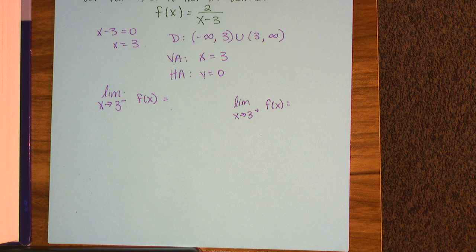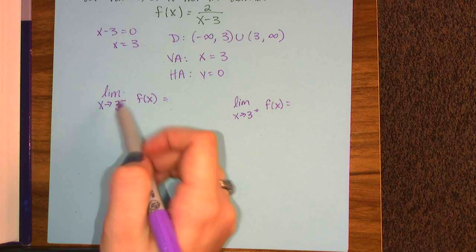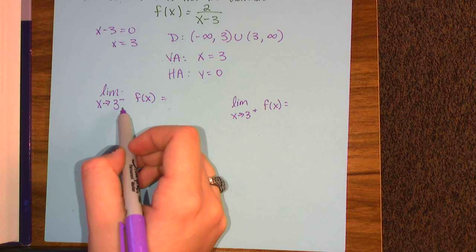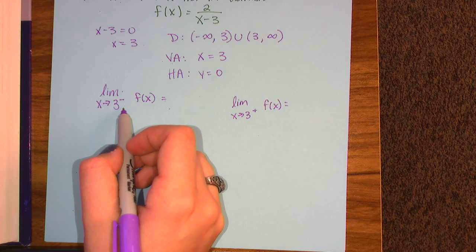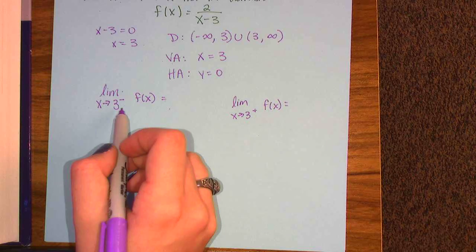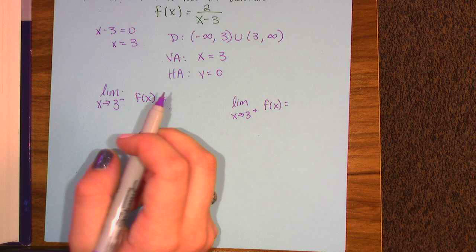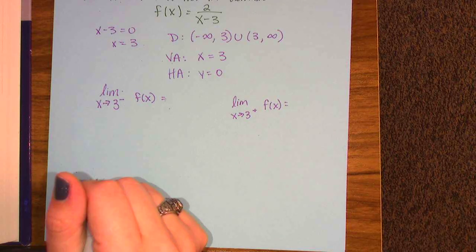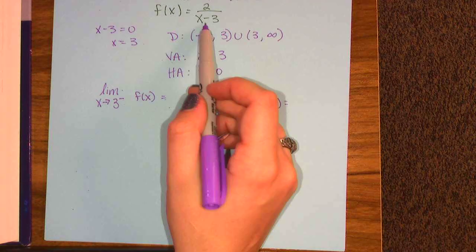So, as I get really, really close to 3, okay, what's happening from the left side? So if I were to put like 2.9 here, what's happening?